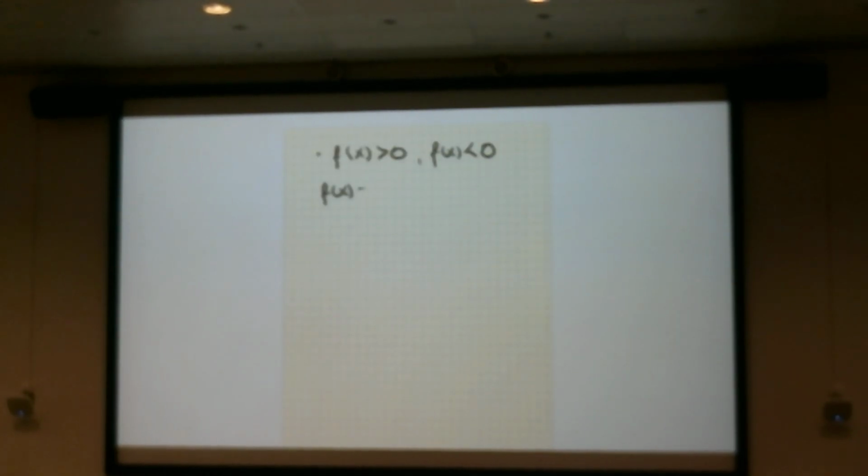So, for example, I already know that my function is x to the power of 3 minus 2x to the power of 2 minus 3x. I factored out x, which left me with x squared minus 2x minus 3.